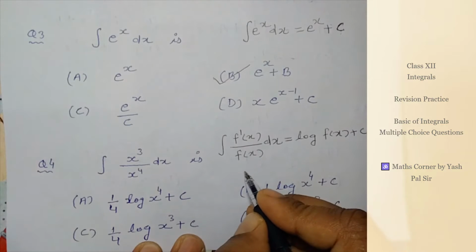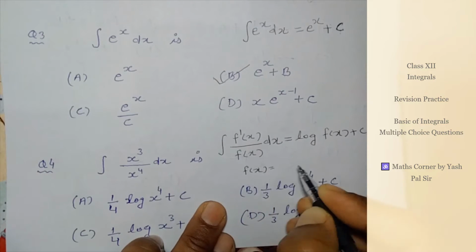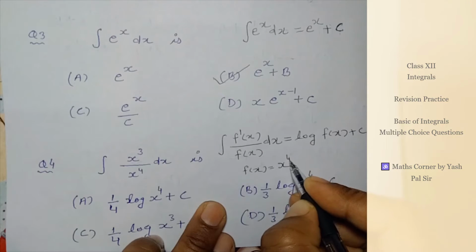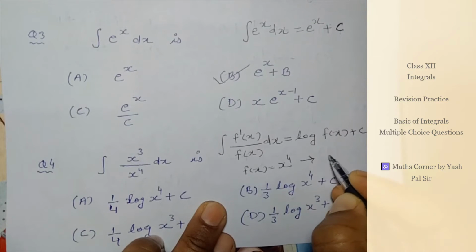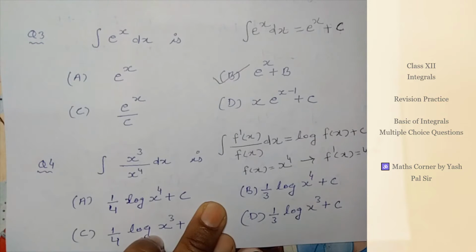Now if we take f of x equal to x raised to power 4, then the derivative f dash x is equal to 4 into x raised to power 3.